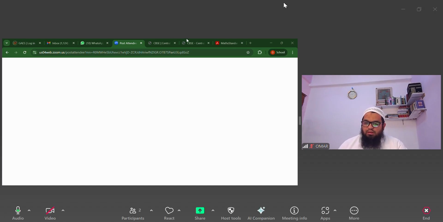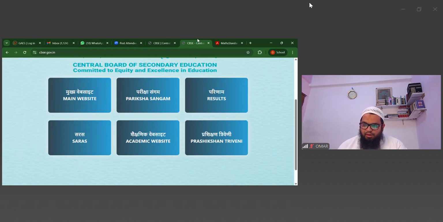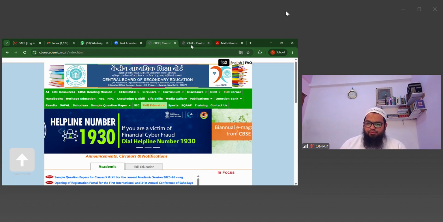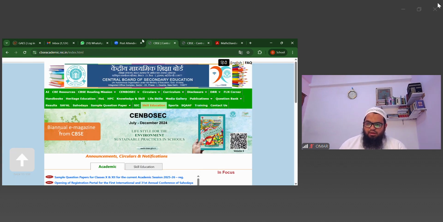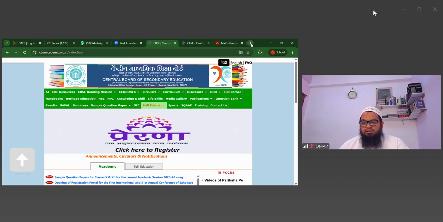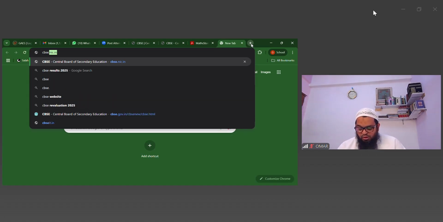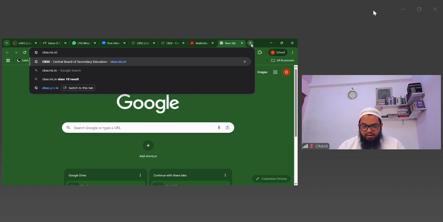We are going to review the standard paper which has been released by CBSE for grade 10 students. In order to first download your CBSE sample paper, follow the link which has been given in the WhatsApp group, or go to Google and just type cbse.nic.in.